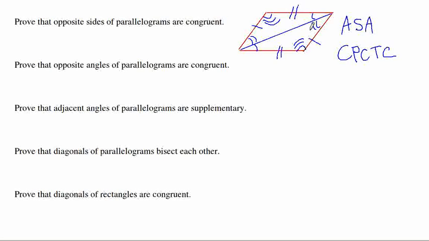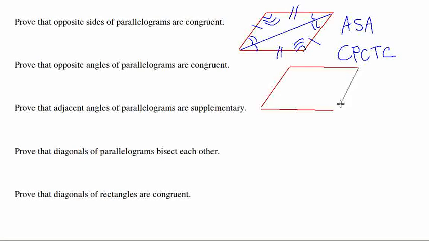All right, so using ASA and KIPTIC, I already showed that one pair of opposite angles are congruent in my picture. You can draw the other diagonal and use ASA and KIPTIC again to show that the other pair is congruent.